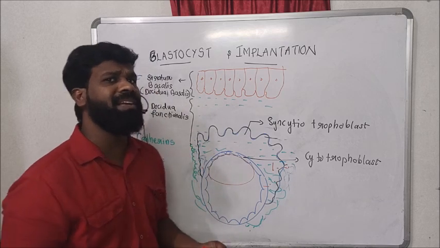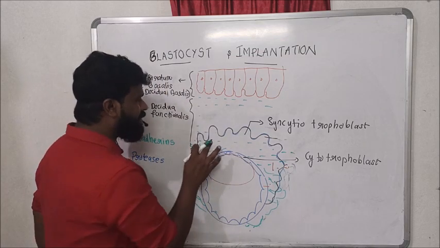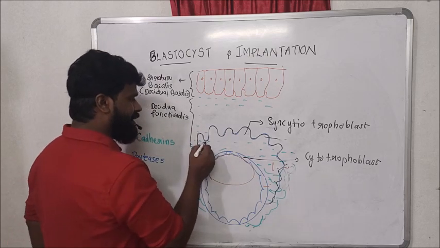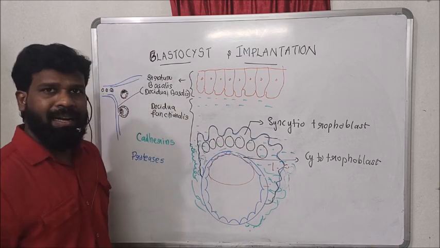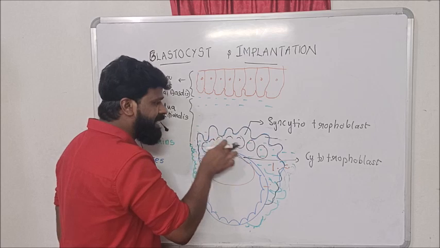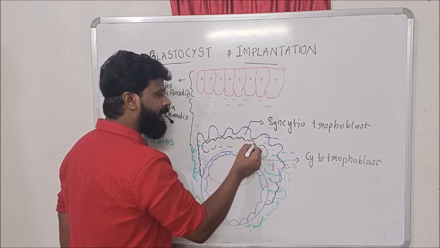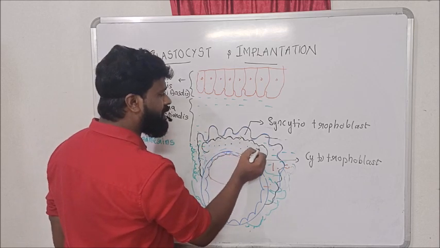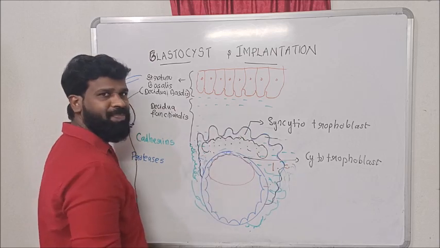Syncytio means multinucleated condition. Here syncytial condition means suppose these are the trophoblast cells formed by the splitting, and these trophoblast cells disintegrate or lose their cell membrane and all these membranes fuse, which results in the fusion of the cytoplasm and nuclei.